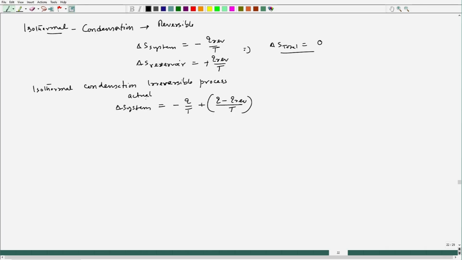Why? Let us understand this. This is minus, we understand that the heat is left by the system to the surrounding during condensation.